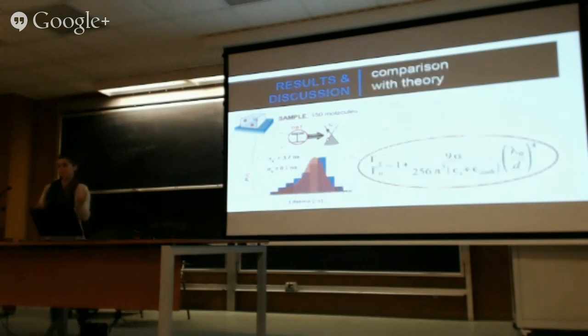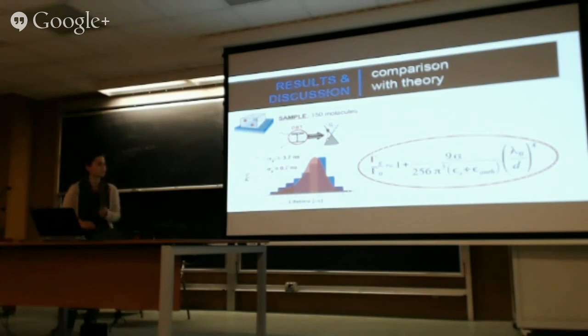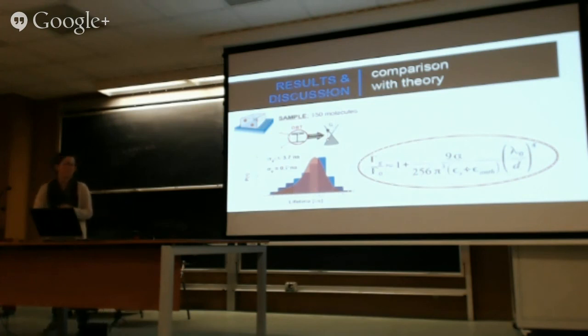To make a bit more quantitative interpretation of this result, we just take the model, as I presented before, and we put inside all our parameters specific to the system. And this red curve is in good agreement with the experimental result.